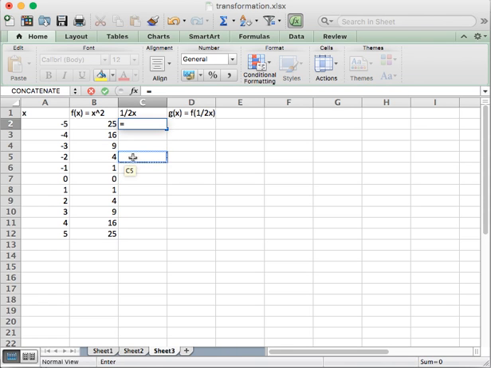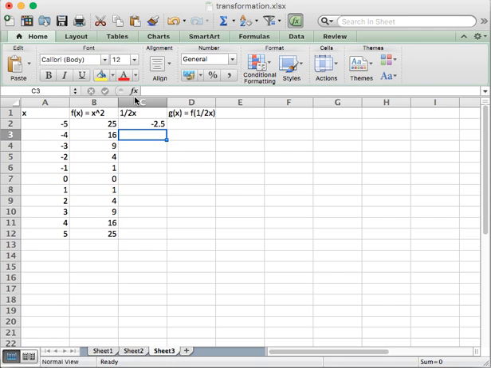What we will do is type A2 times 1/2. A2 means column A, row 2. This cell contains -5, so Excel will substitute it into A2, making it -5 times 1/2. When I press enter, it becomes -2.5.